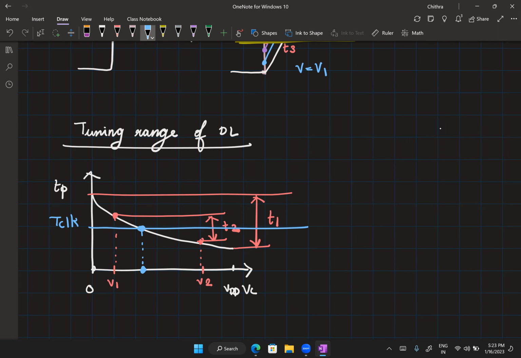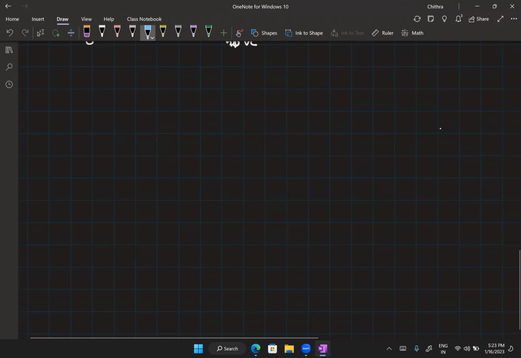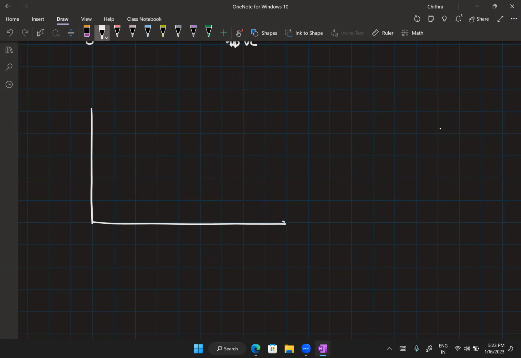Okay. Now let's see how this theory can change a little in the presence of process voltage and temperature variations. So let's say I again have VC, and I'm going to set the range of VC to some V1 to V2, right? Now let's say in the fastest corner, my delay line has a curve like this.